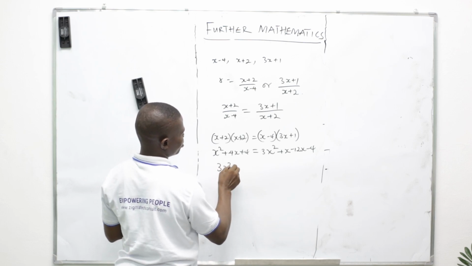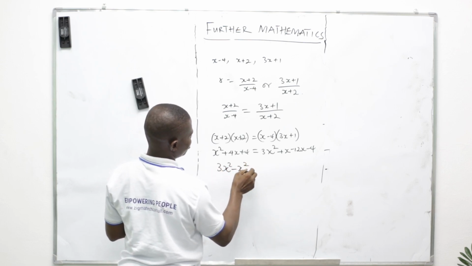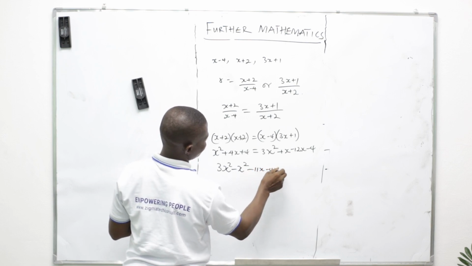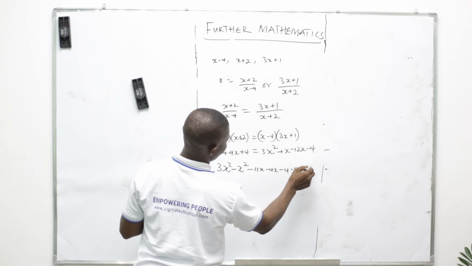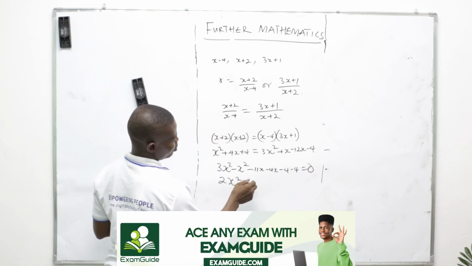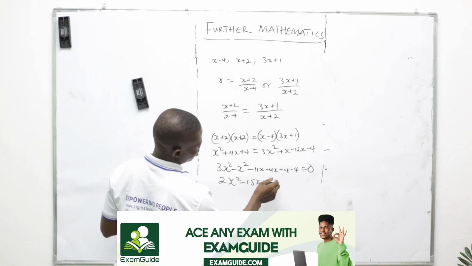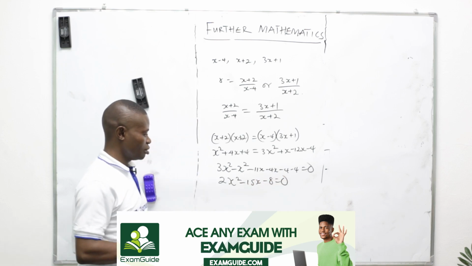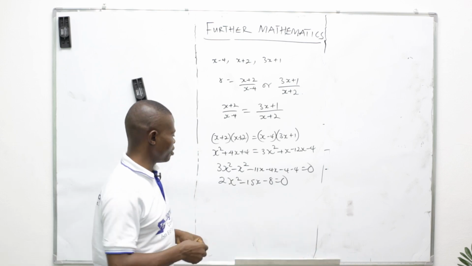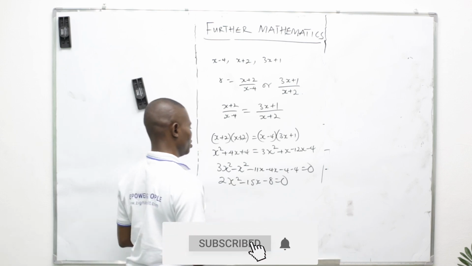3s squared minus s squared minus 11s minus 4s minus 4 minus 4 equals 0. 2s squared minus 15s minus 8 equals 0. Now let us factorize to get the value of s.